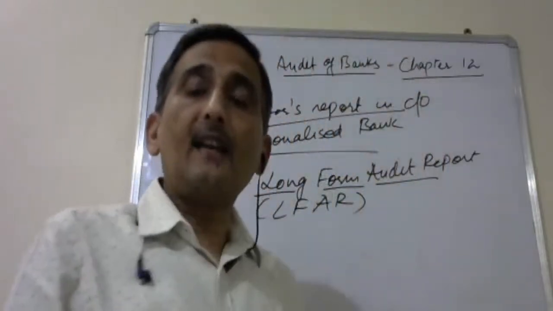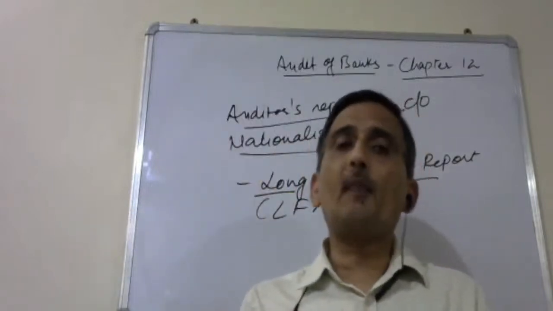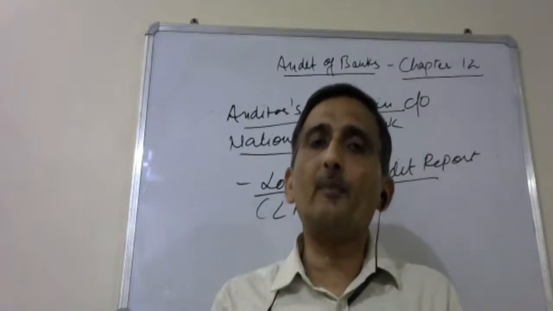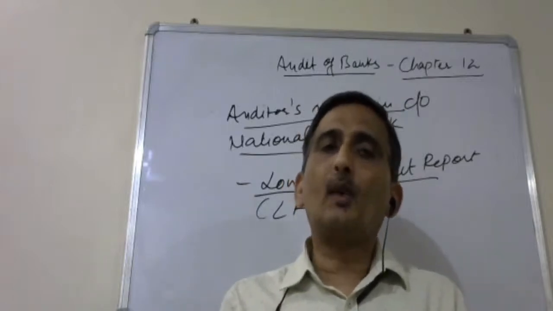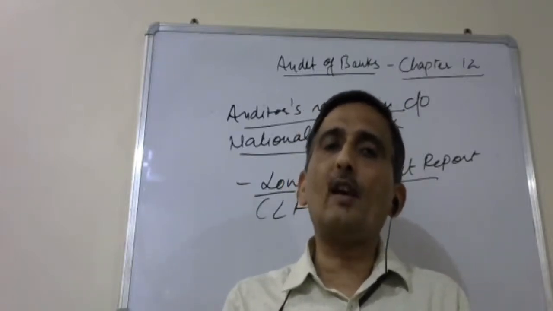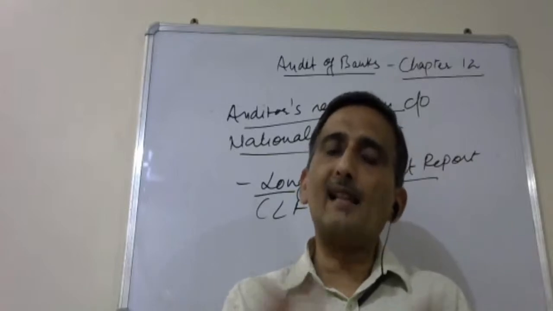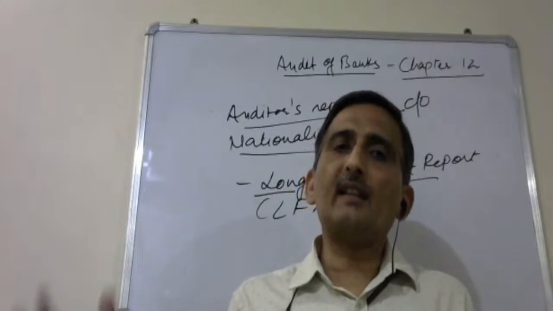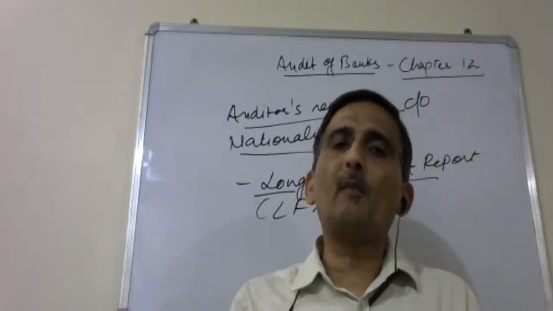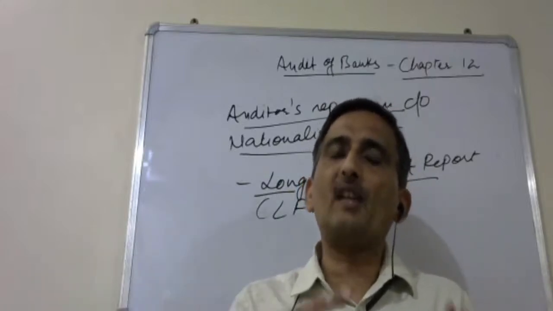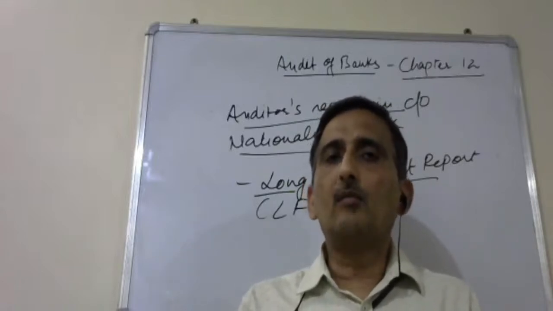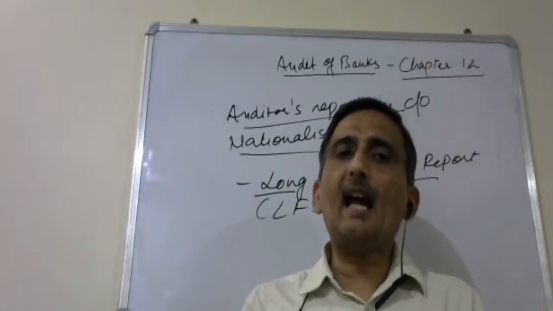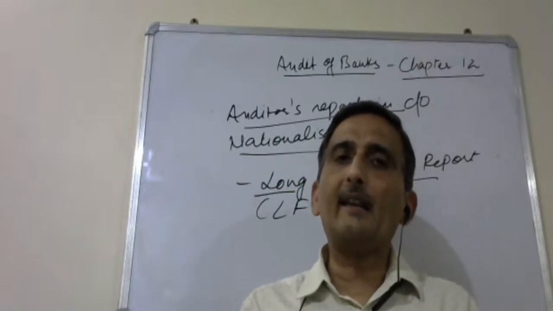Similarly, the auditor has to report whether treasury operations of the bank have been carried out according to the norms. Now the bank routinely purchases and sells securities, and all these functions come within the broad domain of treasury operations of the bank. This is also a technical area, and it is automated these days.